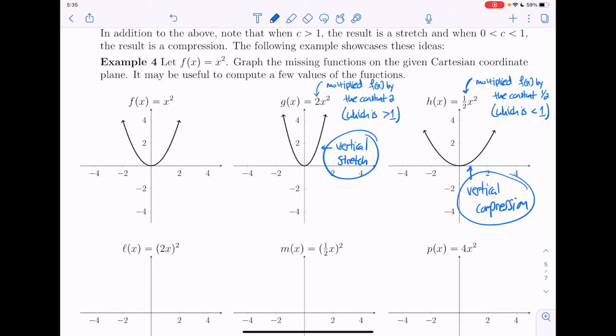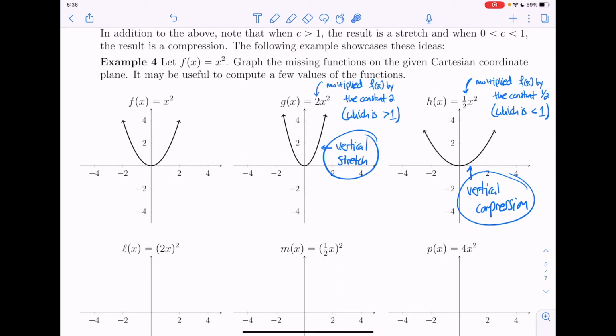All of this business is about multiplying the whole entire function by a constant. And this induces vertical stretching and shrinking. But just like with vertical translations or shifting, if instead I multiply not all of f, but I multiply the inside of f by a constant, it will have an effect not on vertical stretching or compression, but instead on horizontal stretching or compressing.